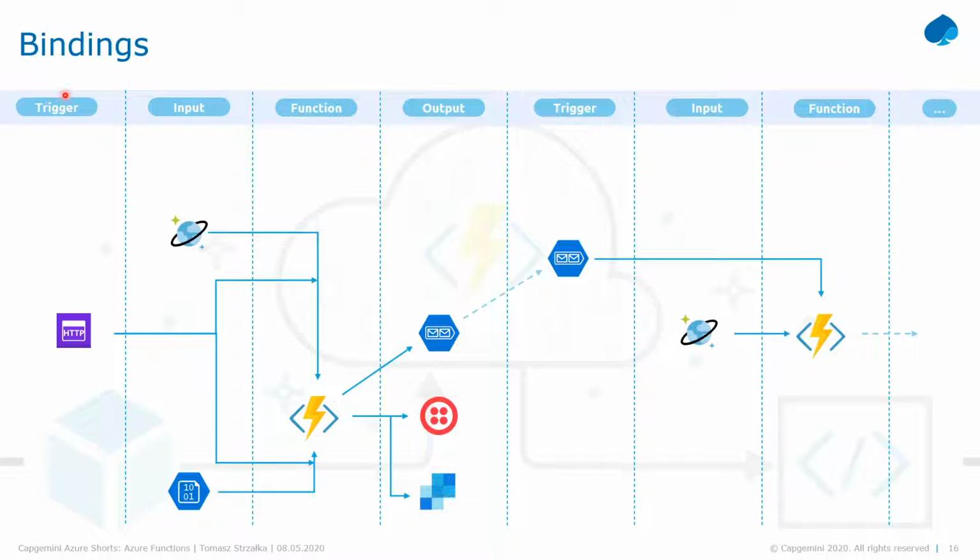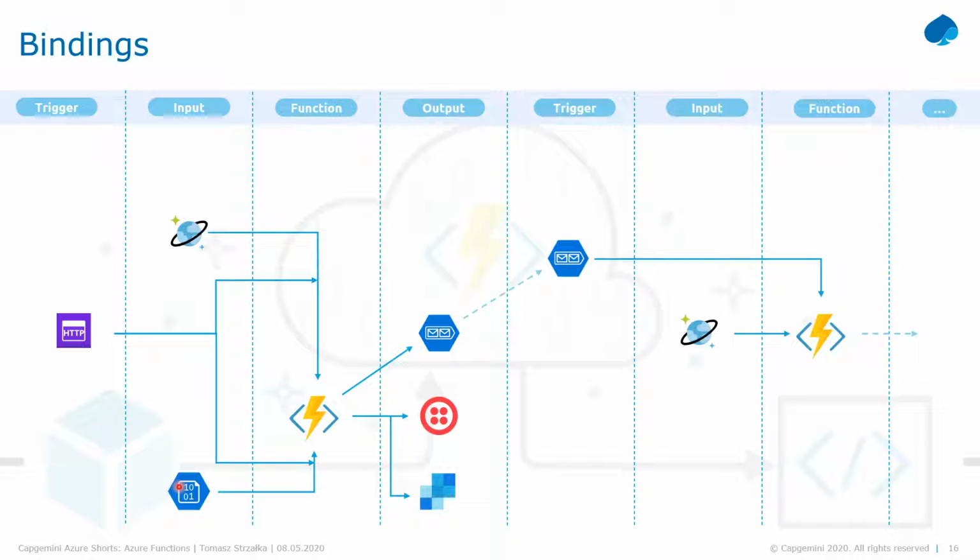In this case, we have an HTTP trigger. We grab some input from our Cosmos DB and from some other Azure services. In this example, Blob storage.